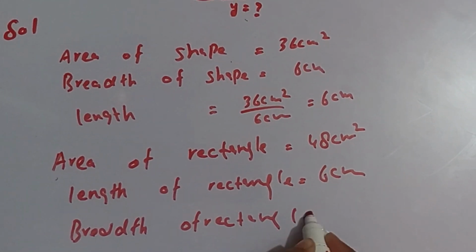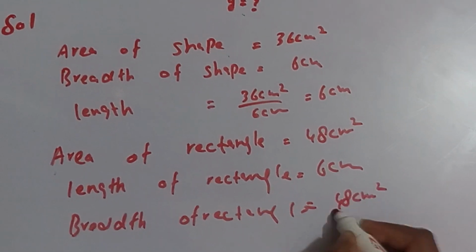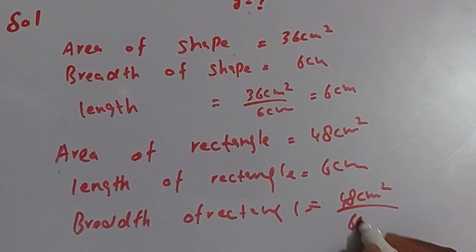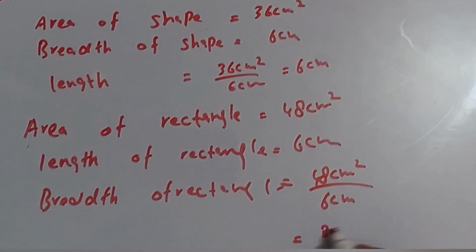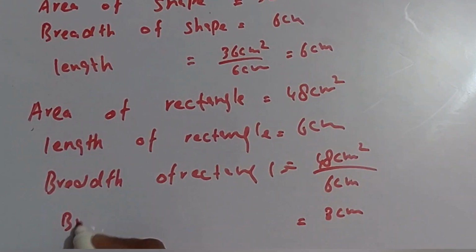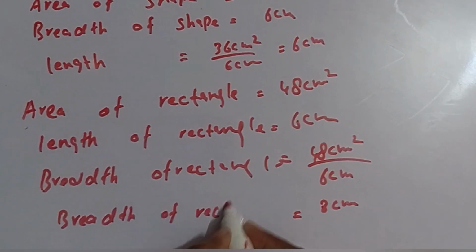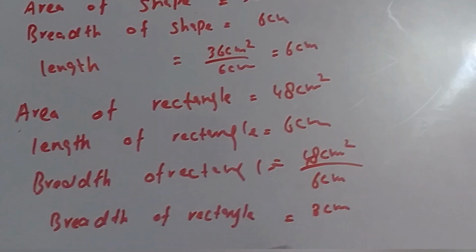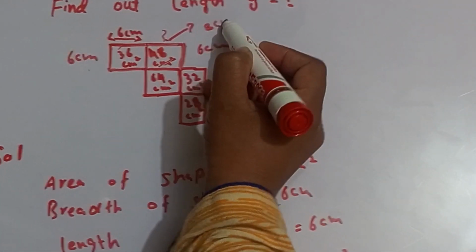This is equal to area, which is 48 centimeter square, divided by length, which is 6 centimeter. Divide these two values, then we get 8 centimeter. This is the breadth of the rectangle. So this implies this side is 8 centimeter.